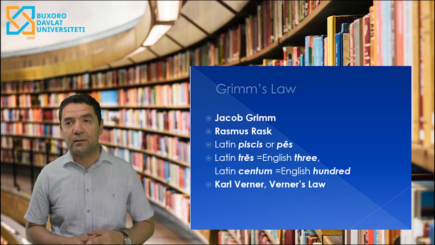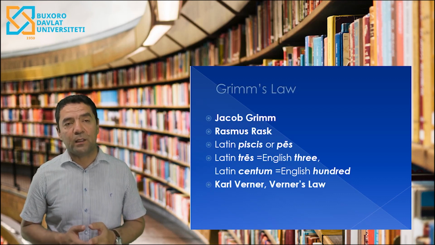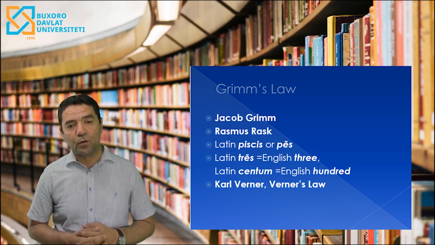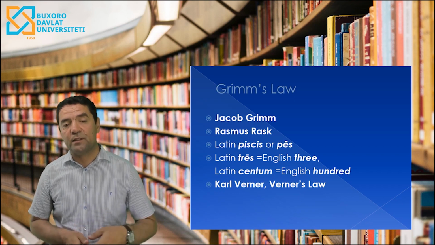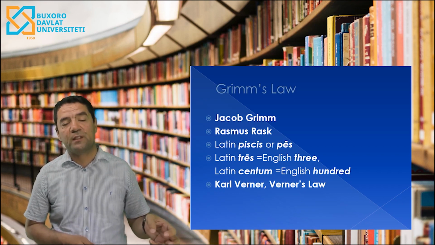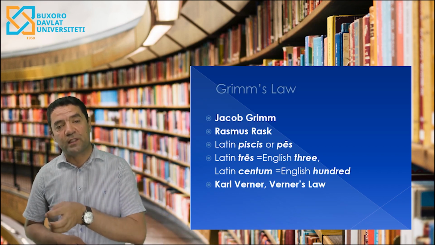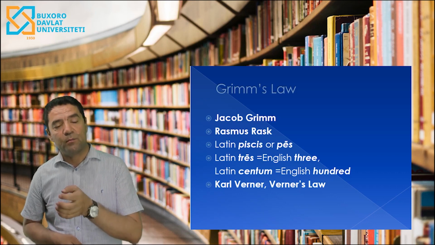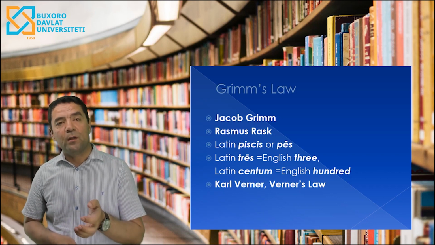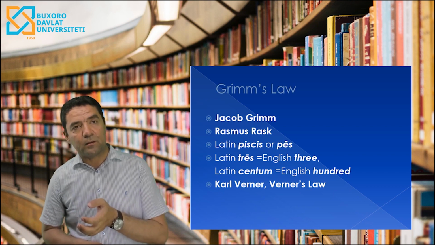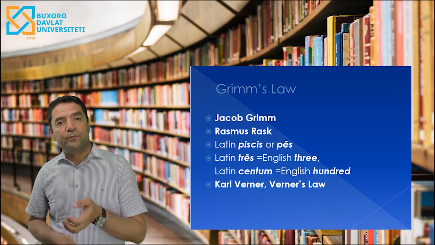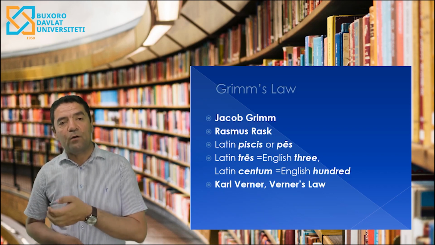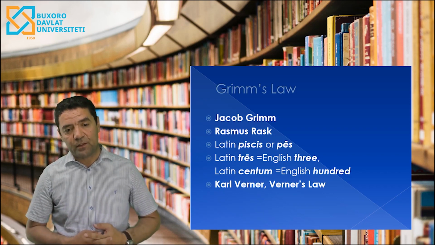The other group of this Grimm's law includes the correspondence between BDG and PTK, that is, voiced plosives correspond to voiceless plosives. B into P, D into T, and G into K of Germanic languages.